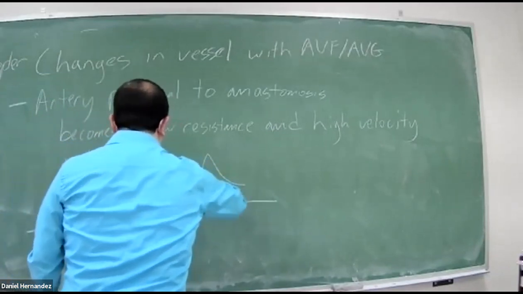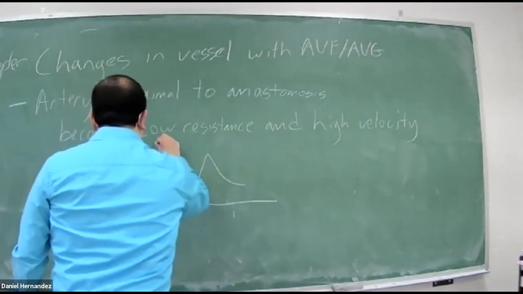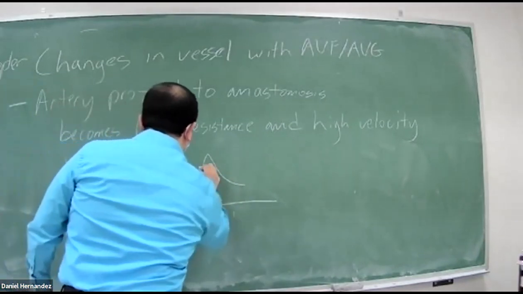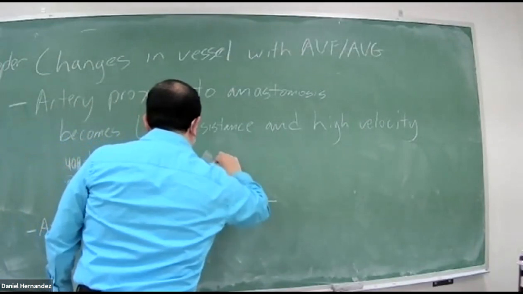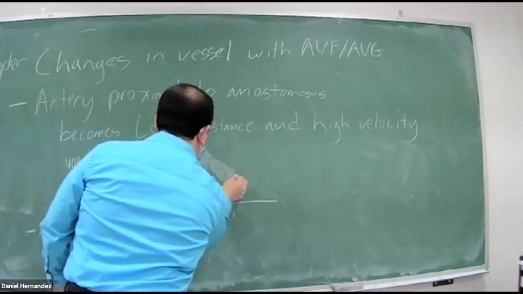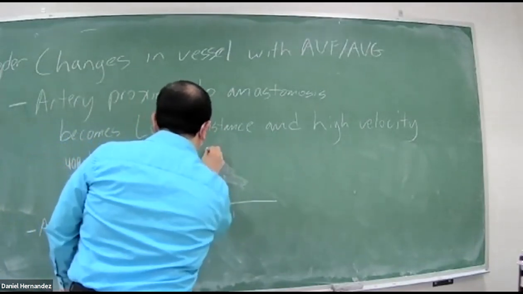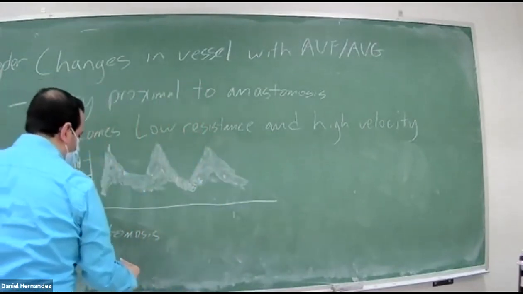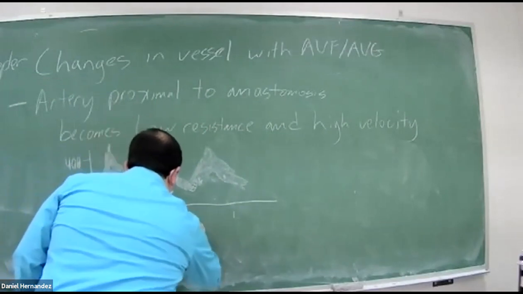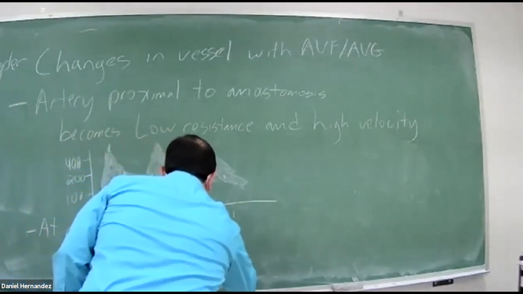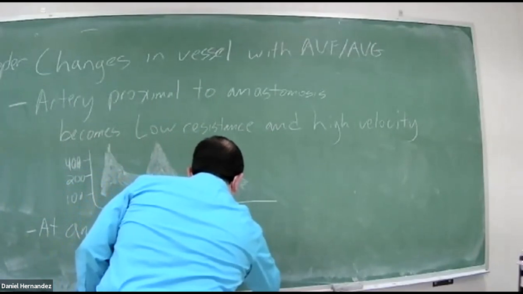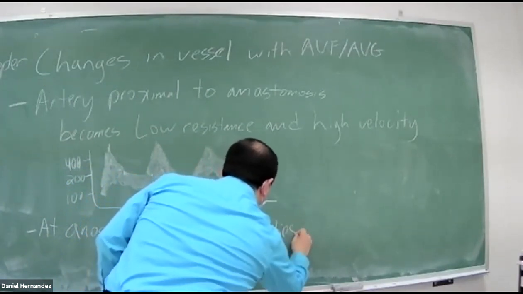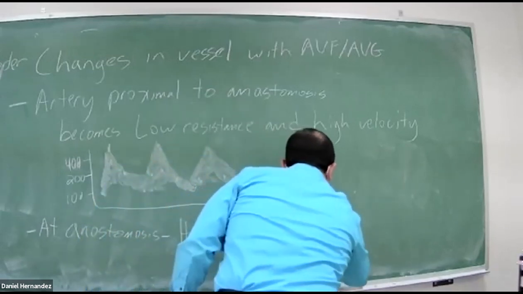You're going to get spectral broadening. So at anastomosis, you'll have your highest velocities with turbulent flow.